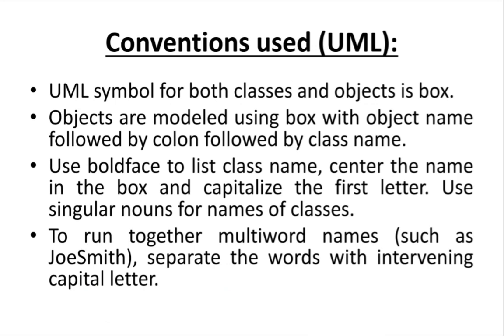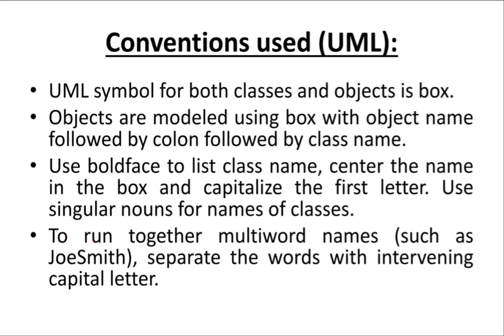For example, if you have multi-word names, like Joe Smith, where Joe is the first name and Smith is the last name, in that case you have to separate the words with an intervening capital letter. You can see here, Smith, what is the S here? S is a capital letter. I separated the two names with a capital letter. The starting letter of the first name is capital, and the starting letter of the second name is capital.